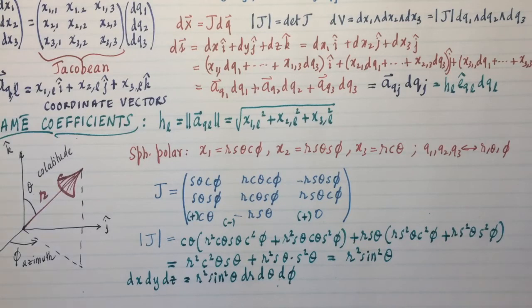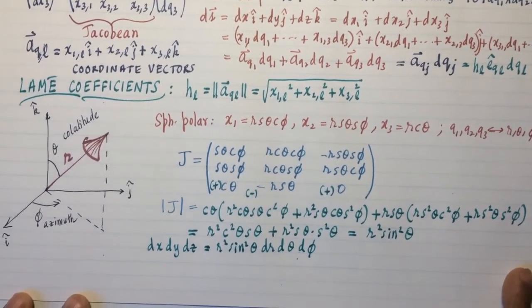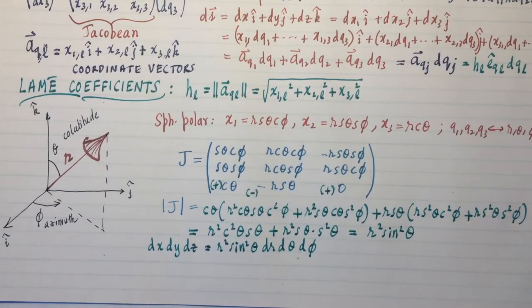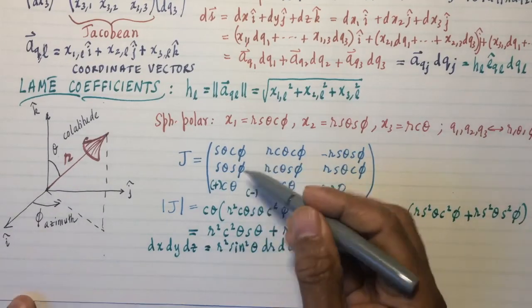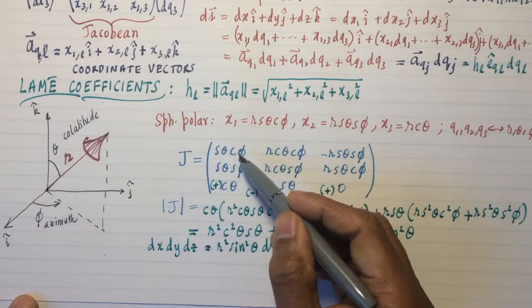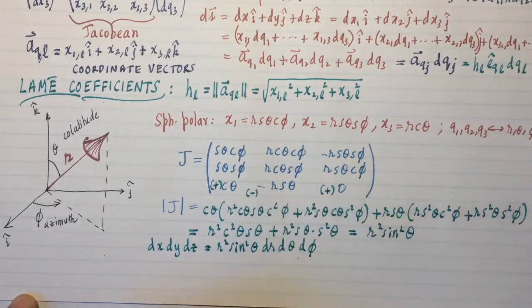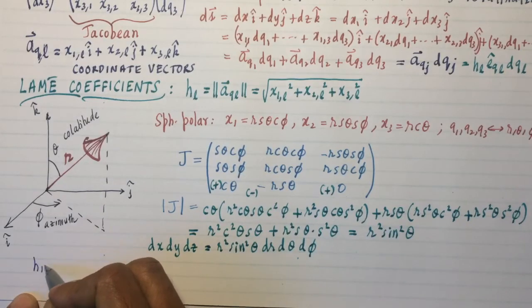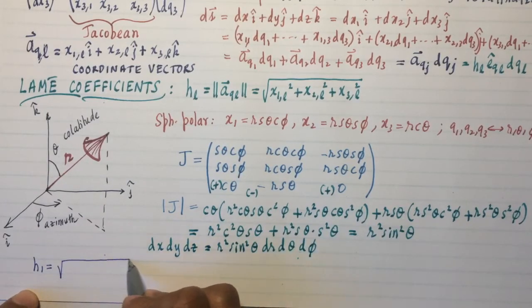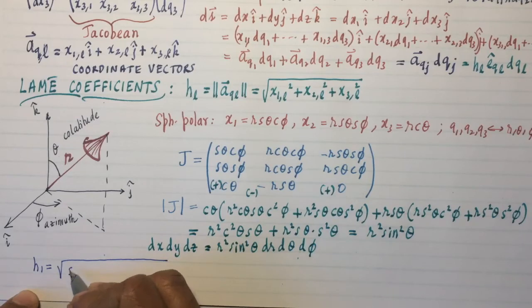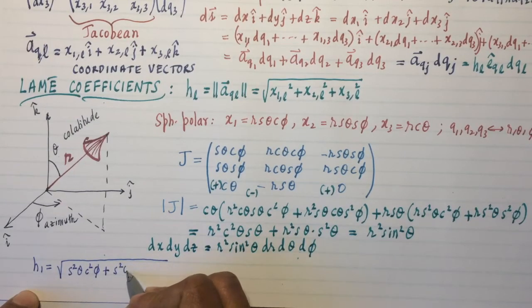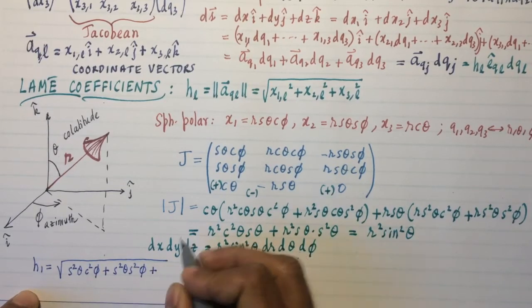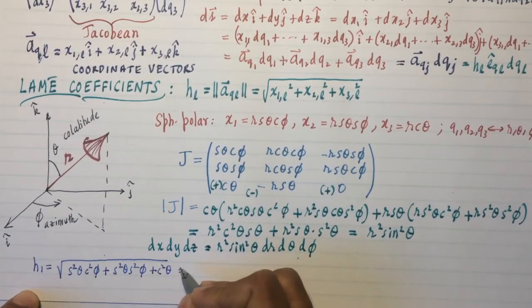Now let's also calculate the Lame coefficients in this example. They are pretty straightforward calculations, because all you've got to do is square and add the first column for h1 and so forth. So h1 is going to be the square root of sine squared theta cosine squared phi plus sine squared theta sine squared phi plus cosine squared theta. Once again, cosine squared plus sine squared is 1.